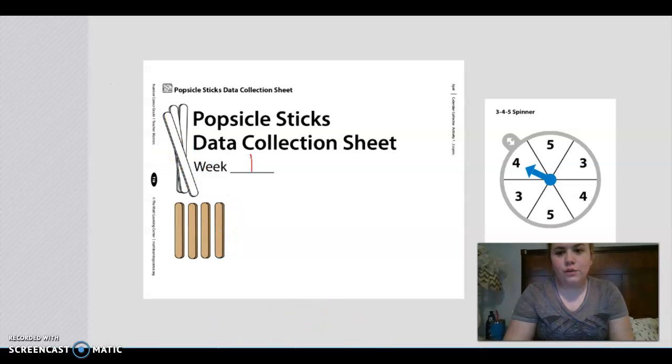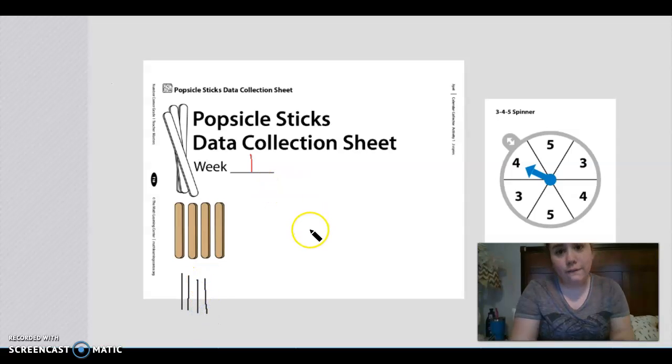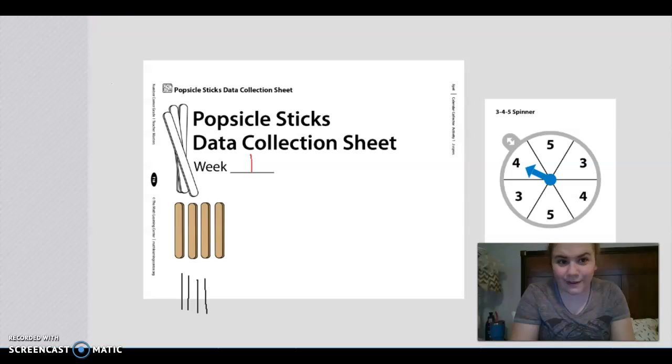Now, what we need to do is we need to do tallies. If you remember, tallies look like little lines down, like little number ones. And we have 4. So we have 1, 2, 3, 4. So we have 4 so far. So we'll have to see what we get tomorrow.